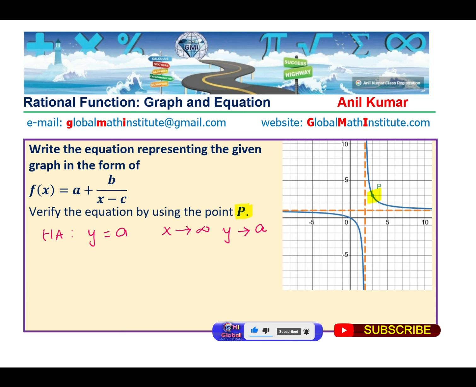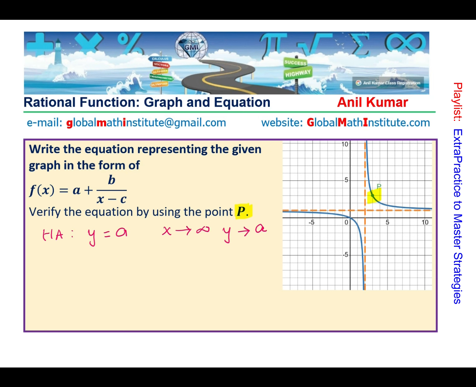The reason is very clear: if I divide b by an infinitely large value, what do you get? The second term will be 0, so the function will approach a. In the graph, it is shown with the horizontal line y equals a, and it is the horizontal asymptote for this rational function graph.